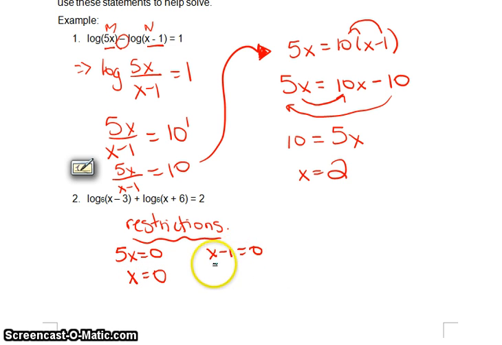And for this term here, we add 1 to each side, so we have x is equal to 1. So at these points, this is when your log function is equal to 0. Remember, it can't be equal to 0 and it can't be less than 0. So we're going to further simplify our restrictions by saying x cannot be equal to 0 and x cannot be equal to 1.